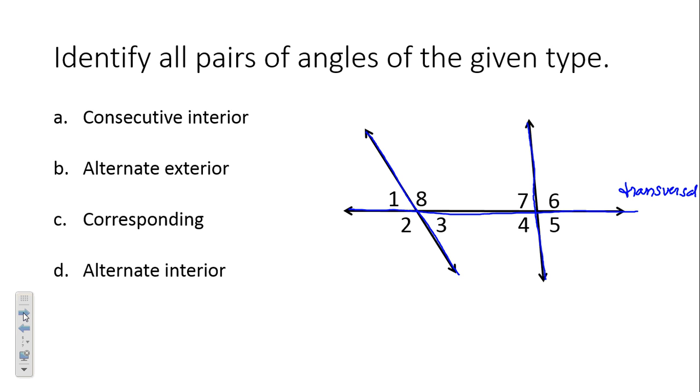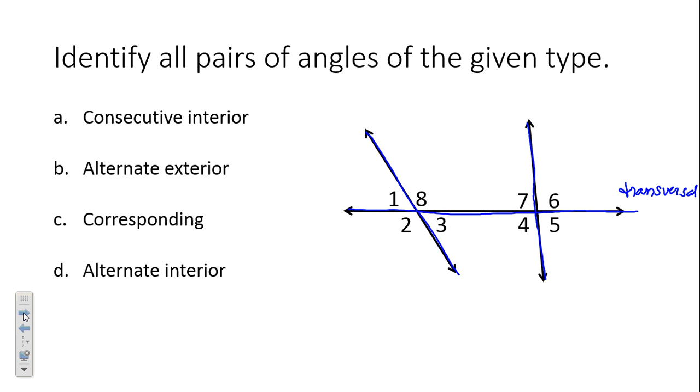So draw that picture. Your blue sheet actually has what your corresponding angles, alternate interior angles, alternate exterior angles, and consecutive interior angles are.